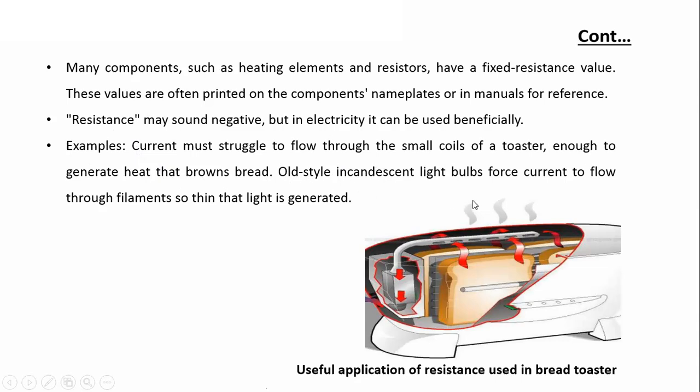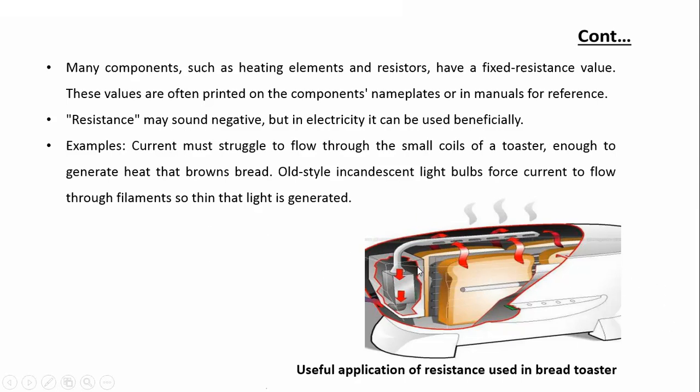Old style incandescent light bulbs also use forceful current flow through the filament of thin wires so that the light is generated. Both things happen when you use fine wirings.